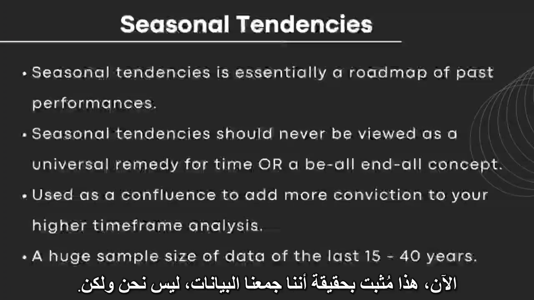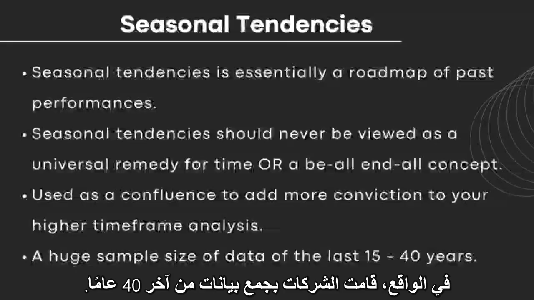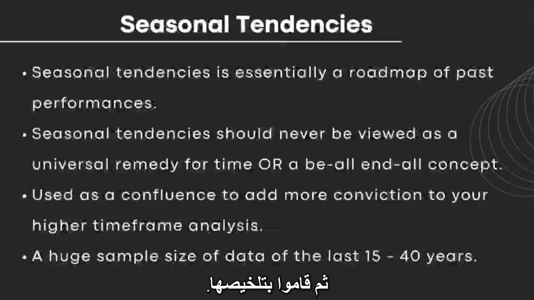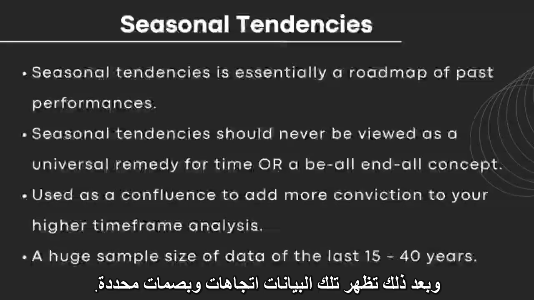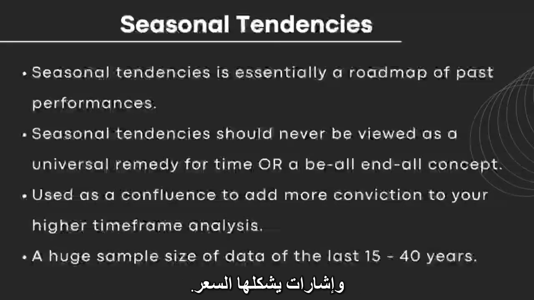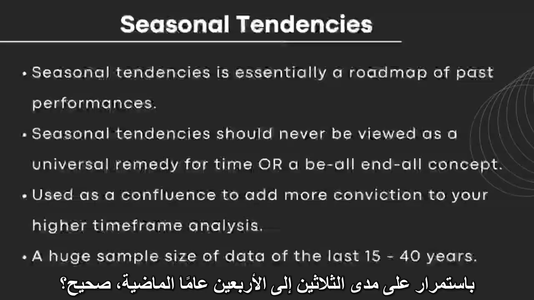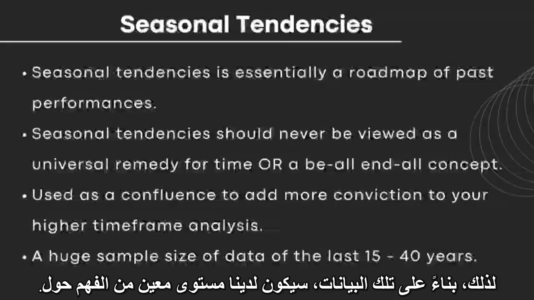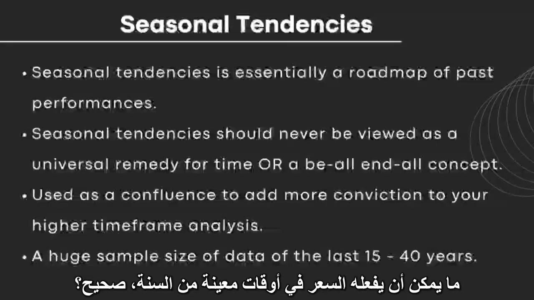Now that is proven by the fact that firms have collected data from the last 40 years, and then they've summarized it, and that data shows specific footprints and signals that price has formed consistently over the past 30 to 40 years, right? So based on that data, we would have some level of idea about what price could potentially do at certain times of the year, right?